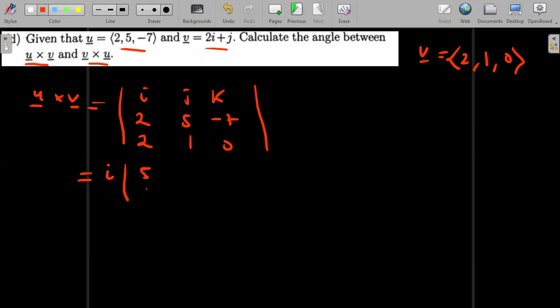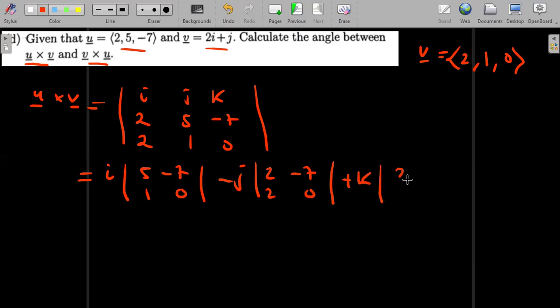Then I'll have 5, 1, -7, 0. Then I have negative j, then 2, 2, -7, 0. Then I have k to be 2, 2, 5, and 1.